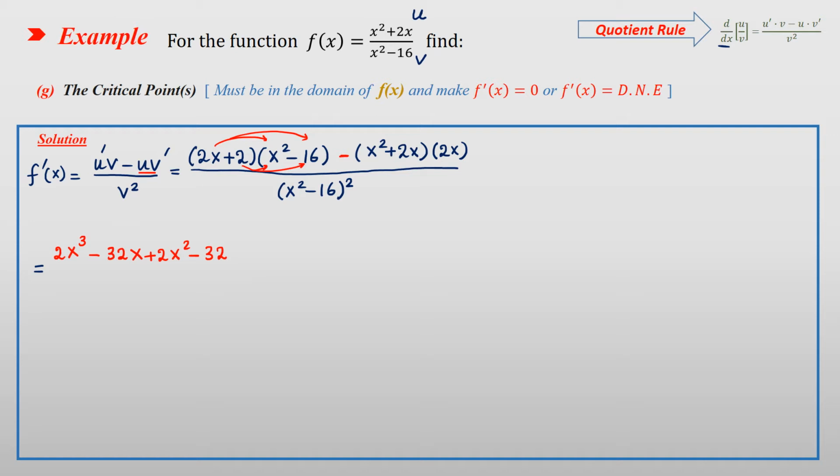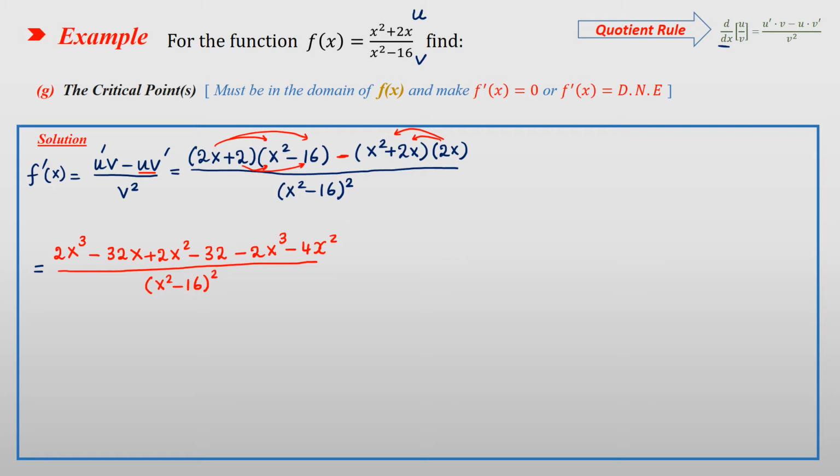Then for the second one you also have to multiply 2x by the brackets, but pay attention to the negative sign here. So we have negative 2x cubed minus 4x squared, divided by x squared minus 16 squared.